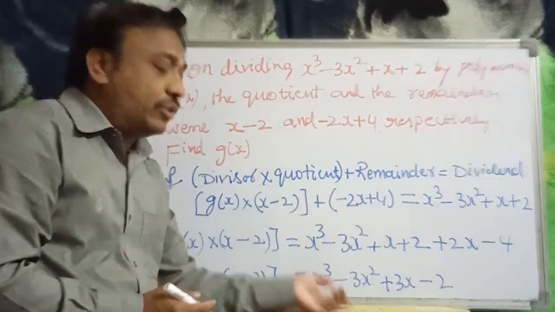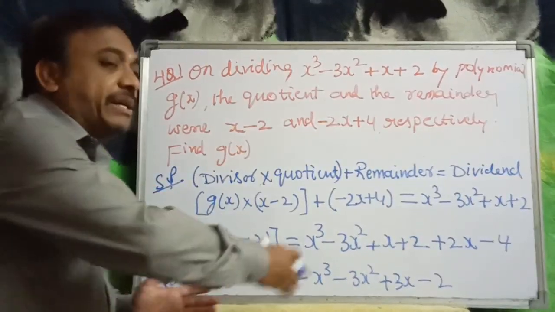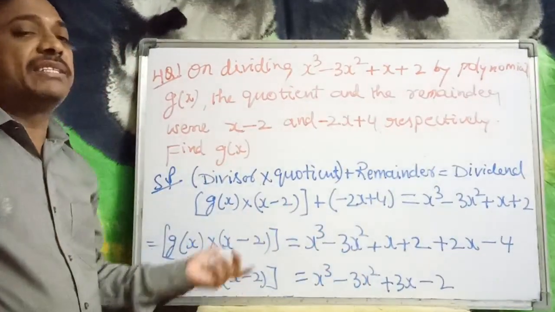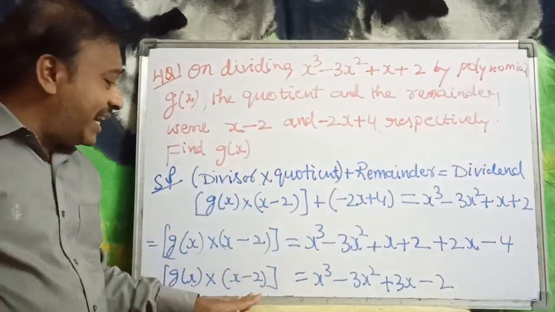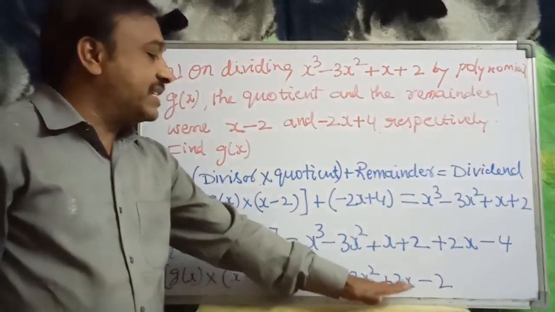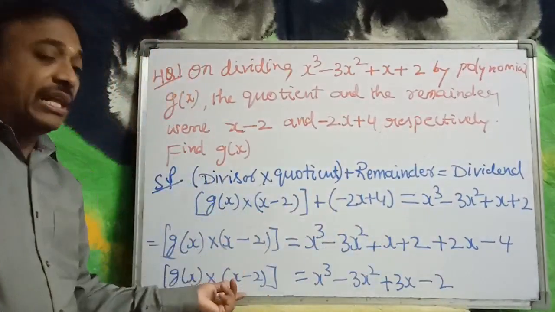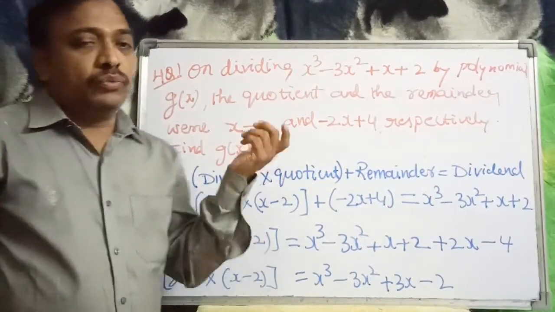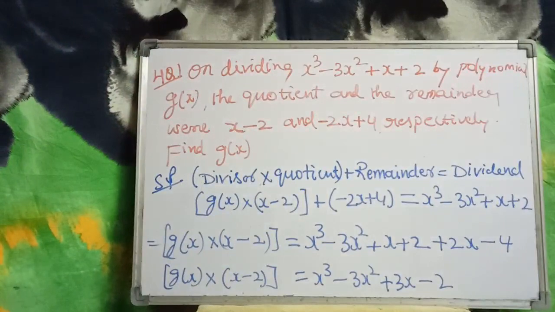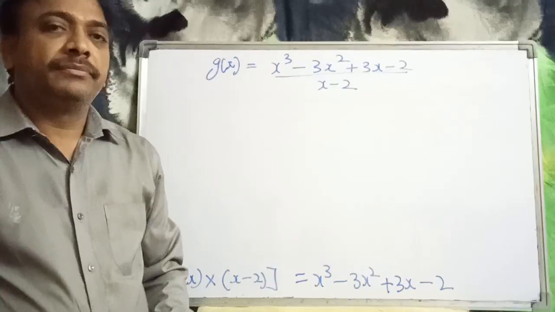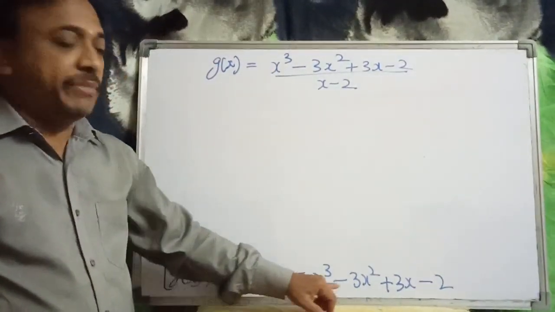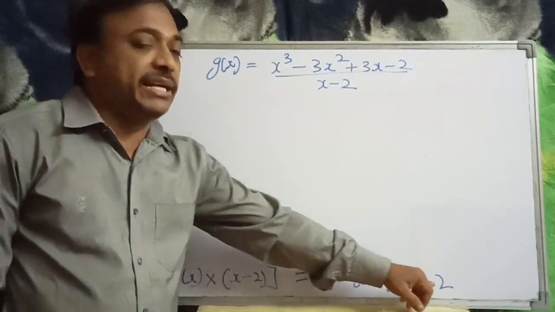If we transpose x minus 2, it will divide, and we obtain g of x, the divisor. So we have to divide x cube minus 3x square plus 3x minus 2 by x minus 2. So g of x into x minus 2 is equal to x cube minus 3x square plus 3x minus 2.